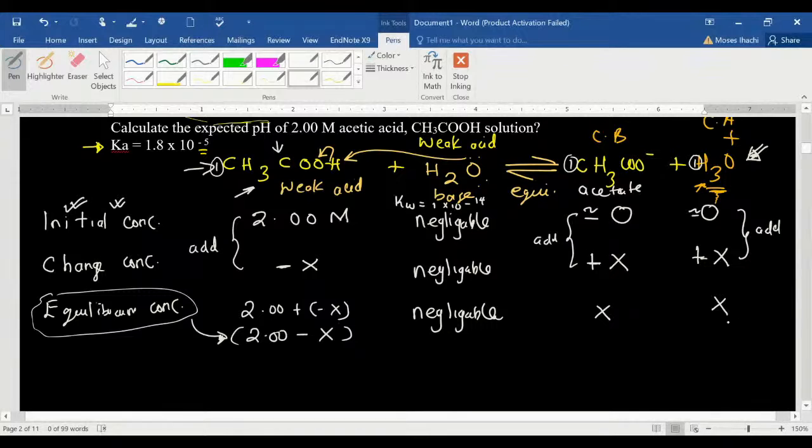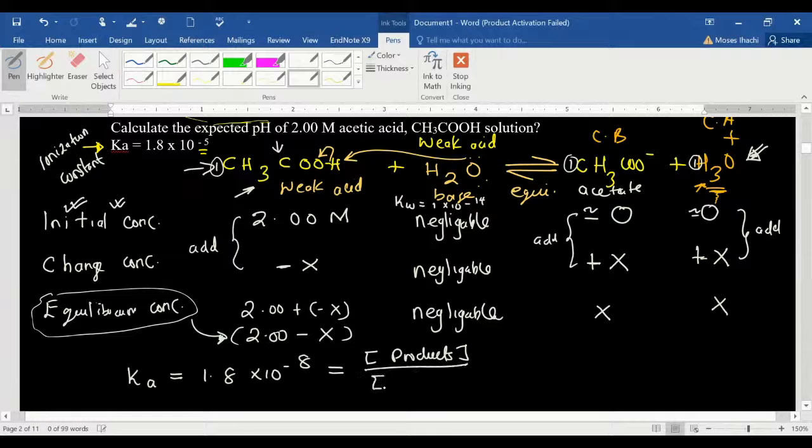Now that we know the equilibrium concentration, we're going to take advantage of the ionization constant value that is given. We are told that the Ka, which is the ionization constant of acetic acid, is 1.8. This should be equal to the product of the concentration of products divided by the product of the concentration of reactants at equilibrium.